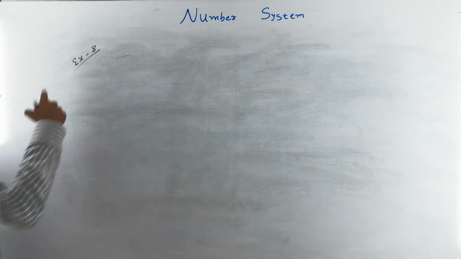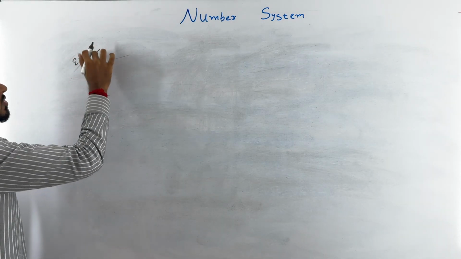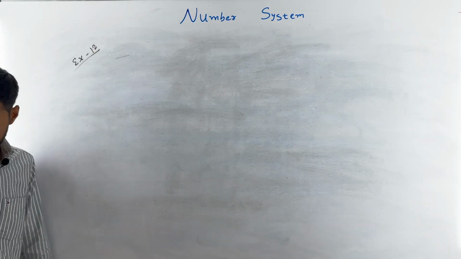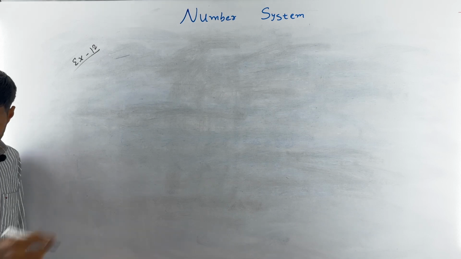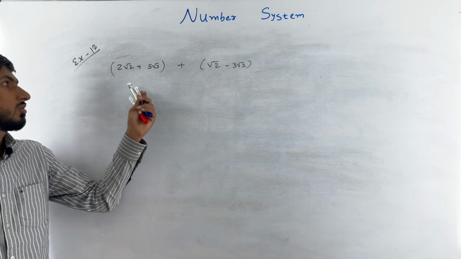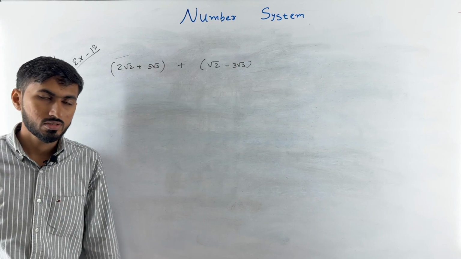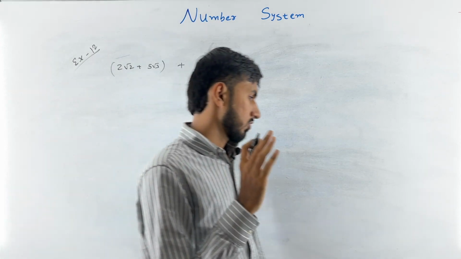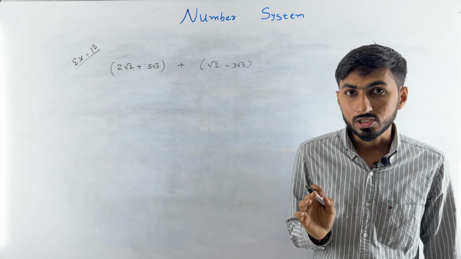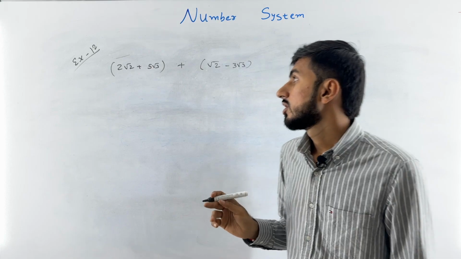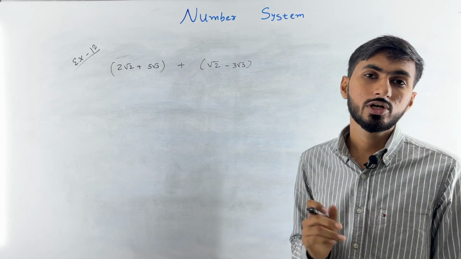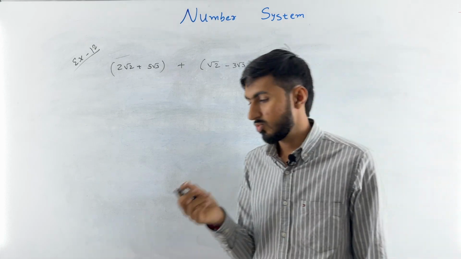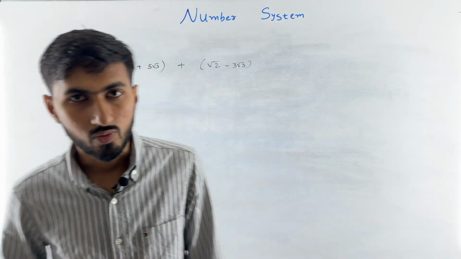Oh, sorry, the previous one was example number 11. Now it is example number 12. Now I have to add these two numbers, right? So in the starting of the lecture, I already told you that irrational numbers also satisfy the three properties: commutative, associative, and distributive property.